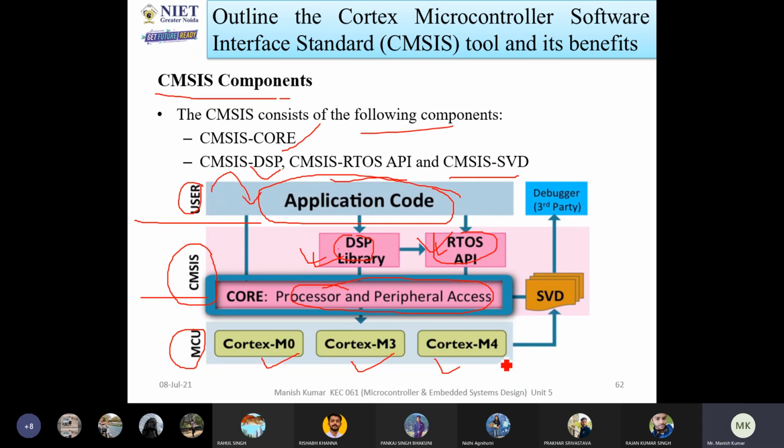When we combine the Cortex M series processors and the CMSIS-CORE, it is called SVD. SVD stands for System View Description. Let us consider if you are buying or downloading any software, there is a file called README.